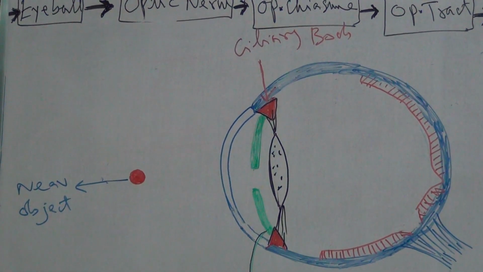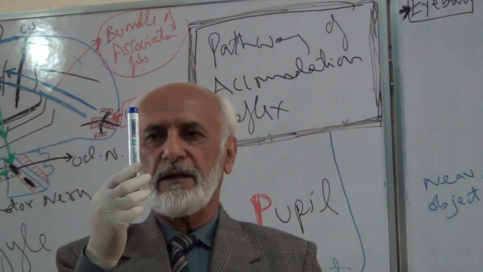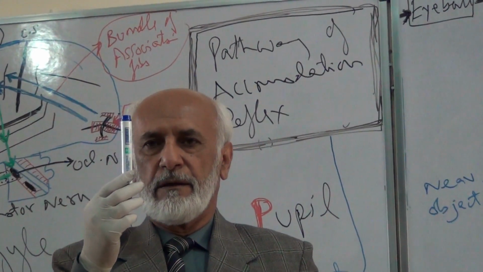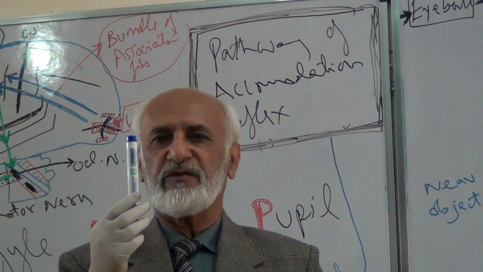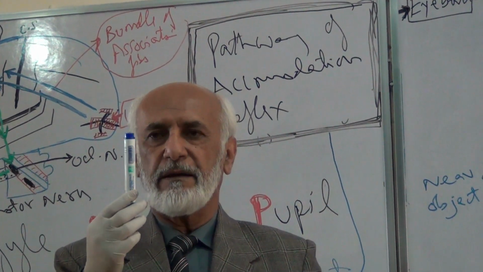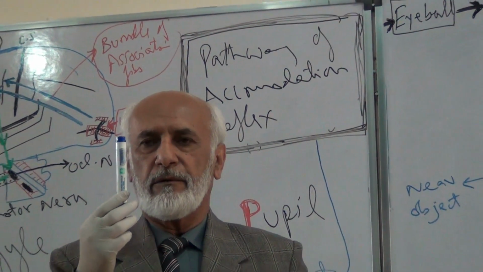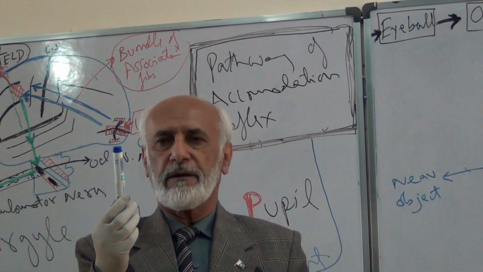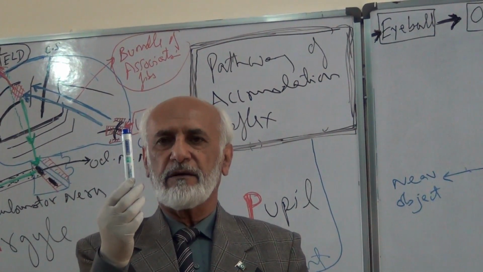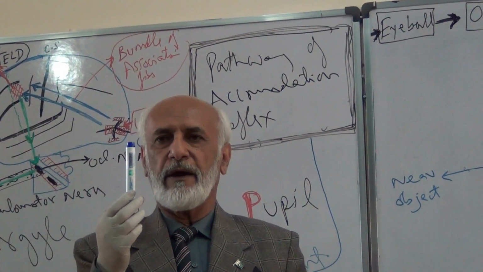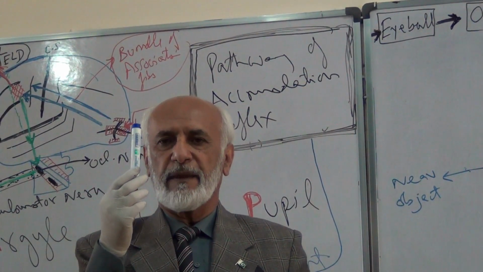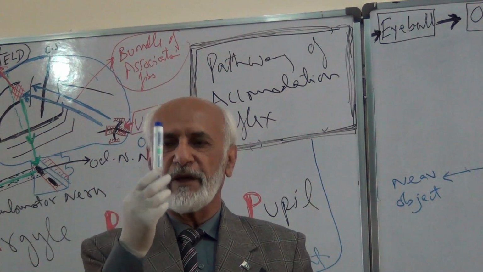If you want to see this marker near the eyeball, then some changes occur in the eye to accommodate and to see this near object clearly, to have an inverted clear image of this near object.